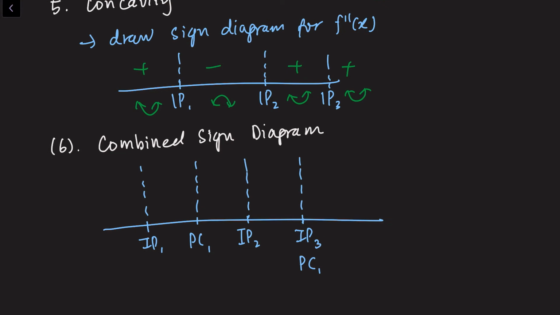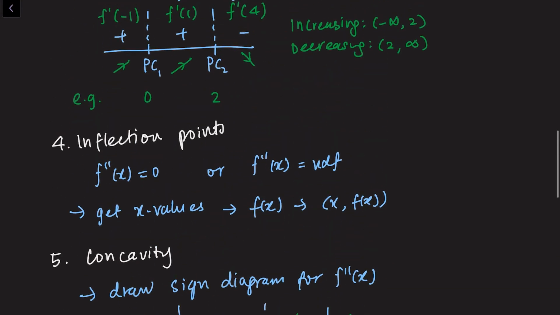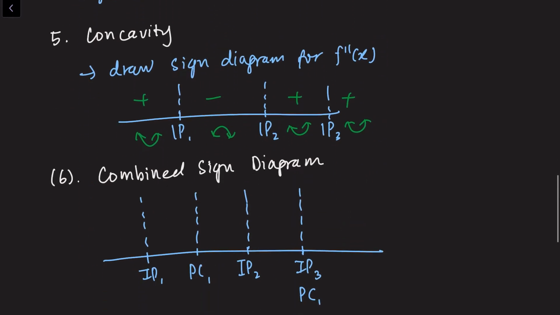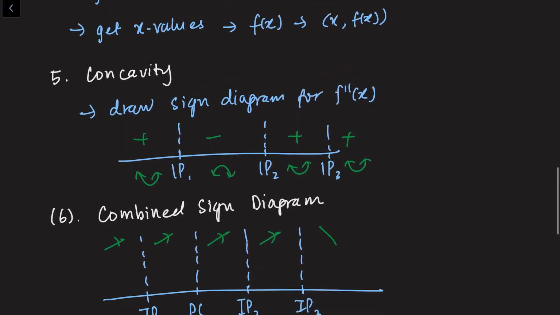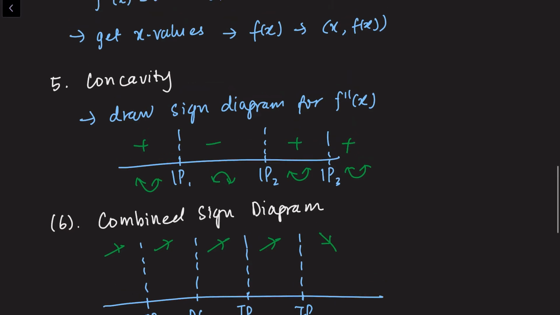Okay, so from negative infinity to possible critical 2, they are all increasing. Okay, increasing, then decreasing from possible critical 2 onwards.